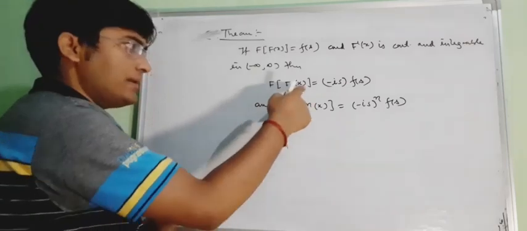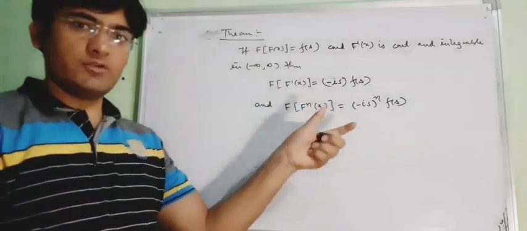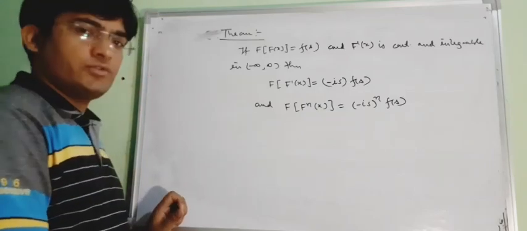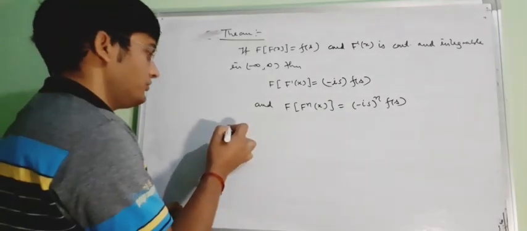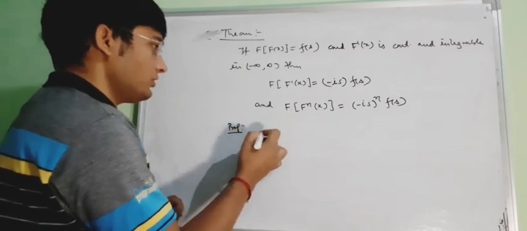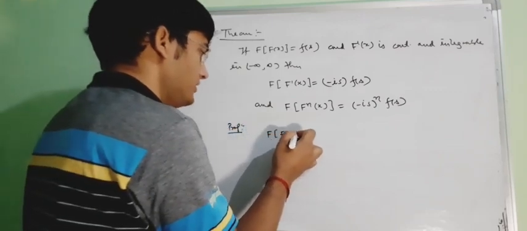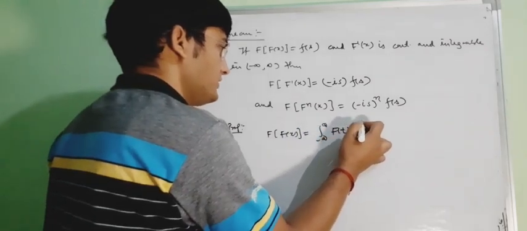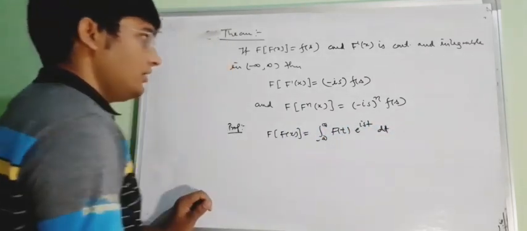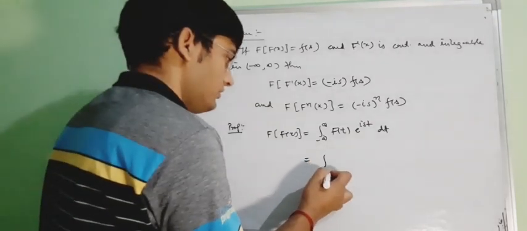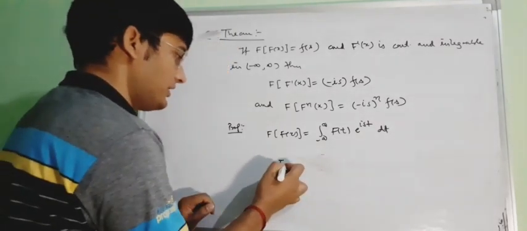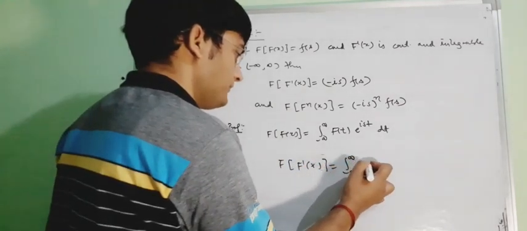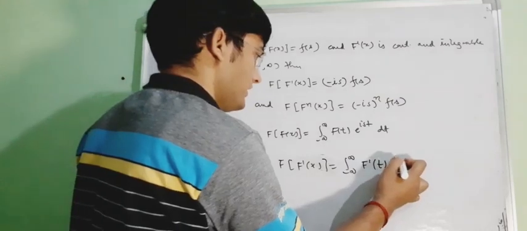Proof, and we will need this formula during our problems related to partial differential equations. So proof: the Fourier transformation of f(x) is equal to the integral from minus infinity to infinity of f(t) e to power ist dt. Now let us replace our function by its derivative, so we will get the integral from minus infinity to infinity of f dash t e to power ist dt.